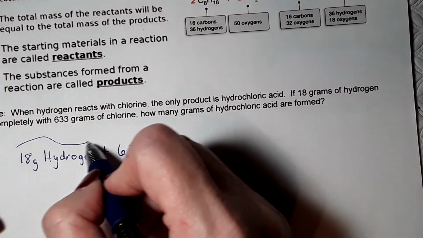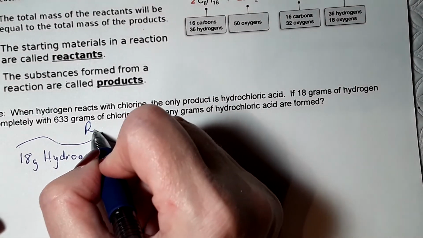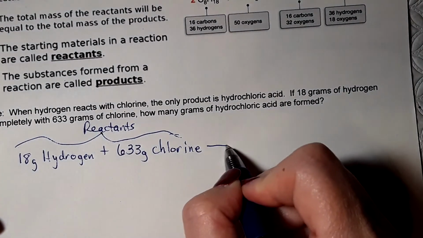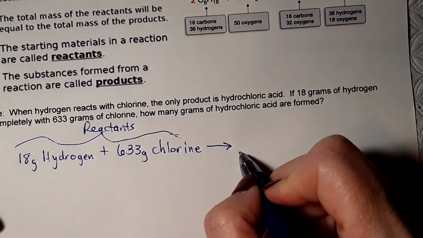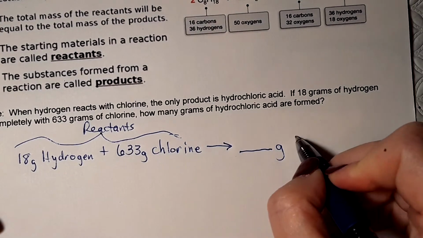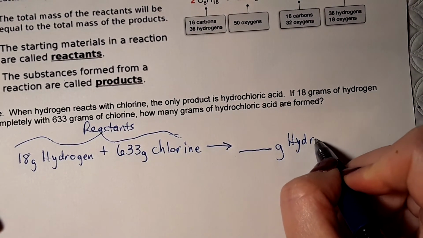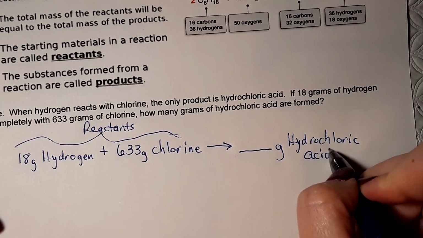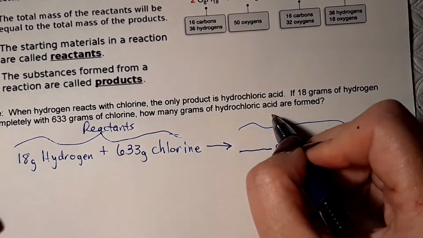Now, these are our reactants. And they're going to combine chemically to form how many grams of hydrochloric acid? This is going to be our product.